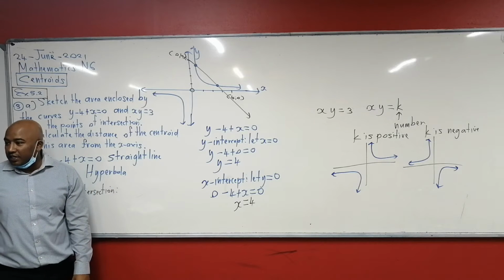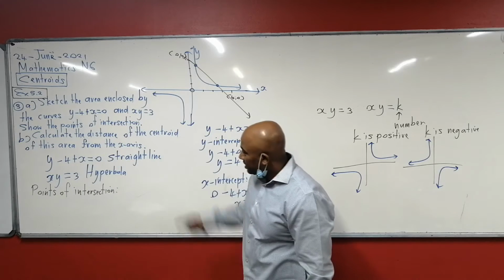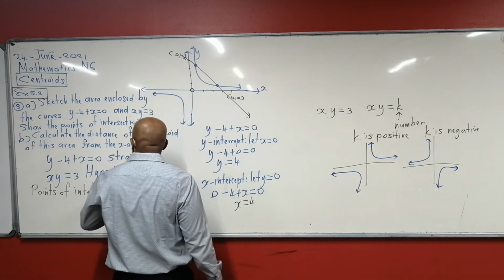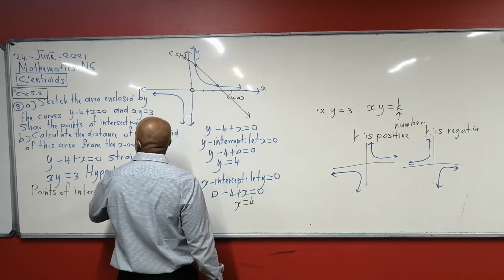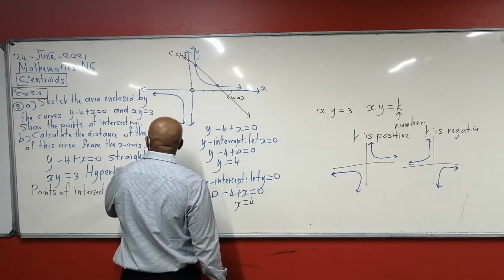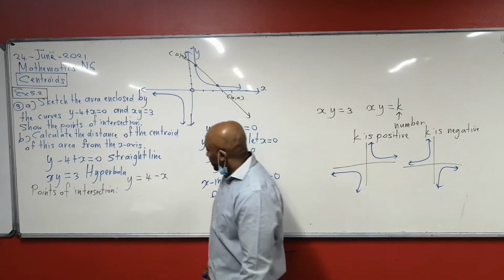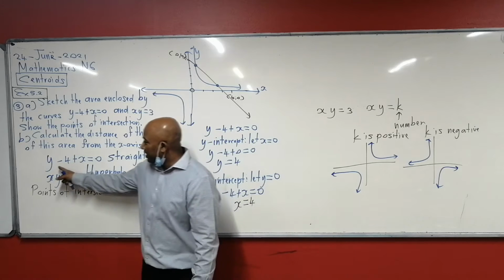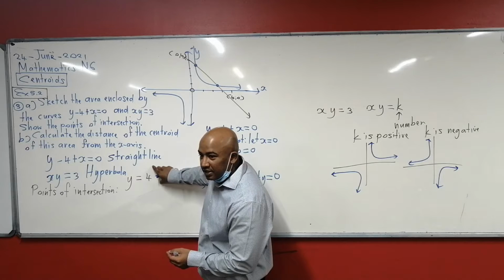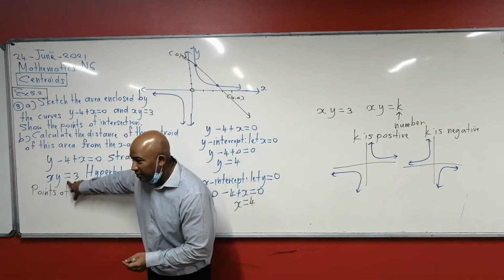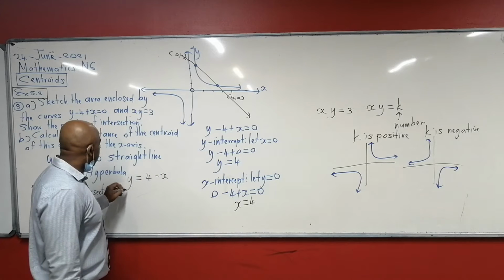To find points of intersection, simple, solve simultaneous equations. Let's take our equation. If I make y the subject of the formula, y is equal to 4 minus x. I'm going to take this equation and substitute into equation 2. So x times y is equal to 3.